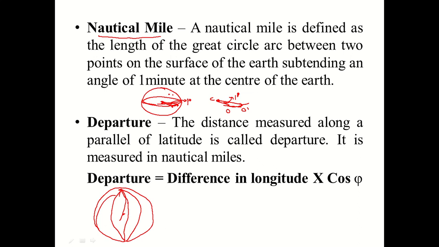Now if you consider this point and this point which are at the same latitude, this will be a circle parallel to the equatorial line. Then these 2 points are on the same latitude. The distance measured along the same latitude is called a departure.